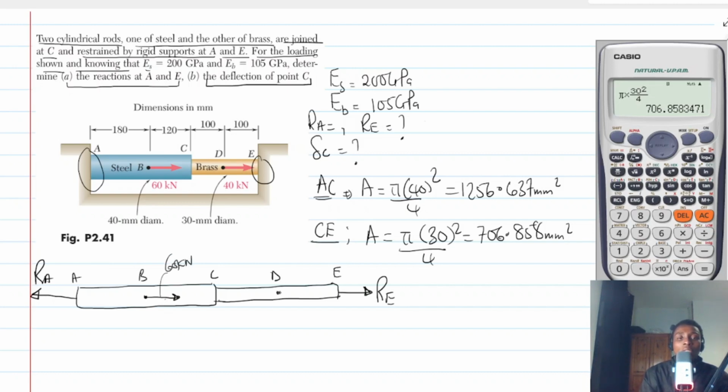Then there is another force here, which is 40 kilonewton. So this is the free body diagram of the structure here.